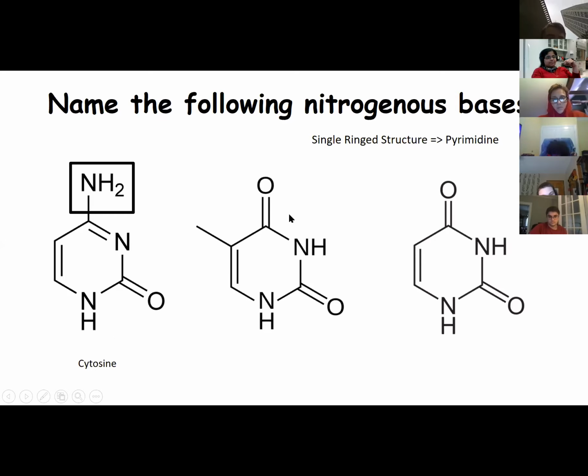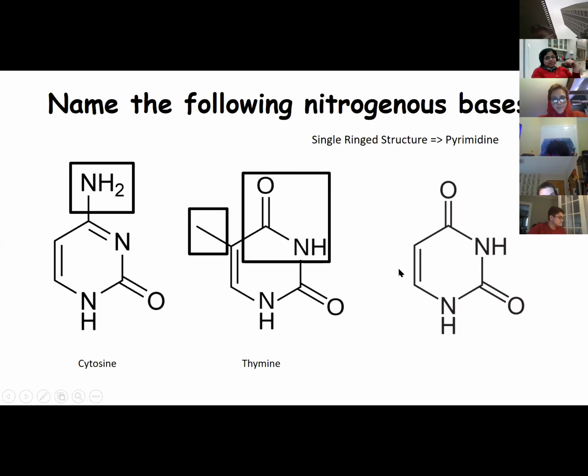What about this guy, the one in the middle? Is that one thymine? Yes. Why? Because it has the CH3 at the top left. So this line here is a methyl group, a CH3. That gives it away for thymine. And what does that leave us with here?